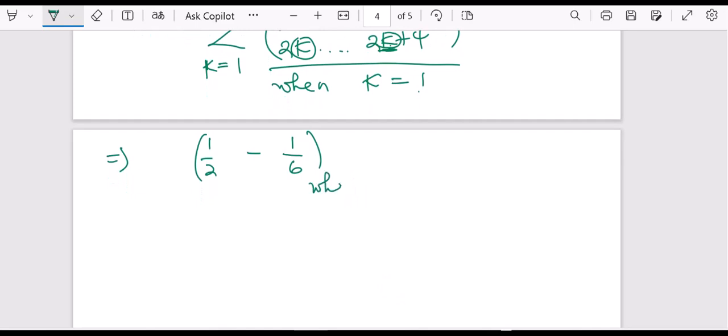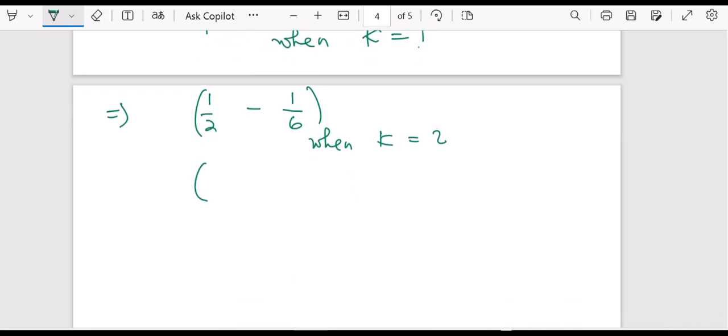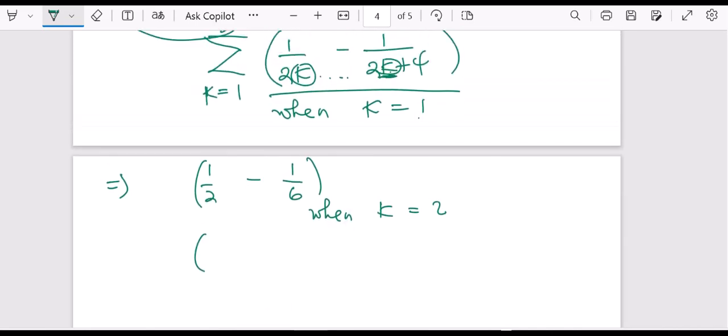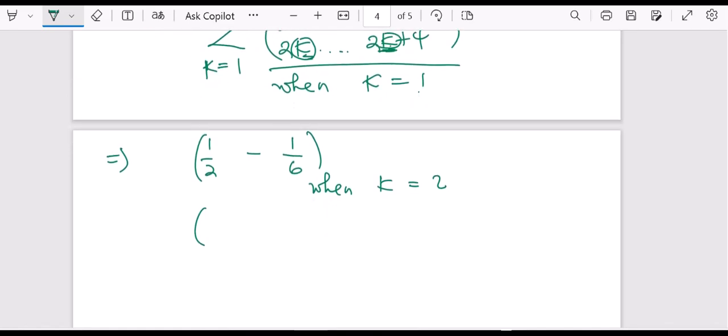Now when k equals 2, what will we have? We put 2 here, and that will be 1 over 4 minus, putting 2 here, 1 over 8.